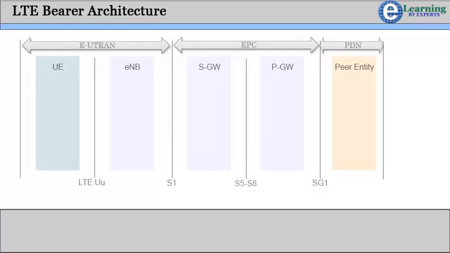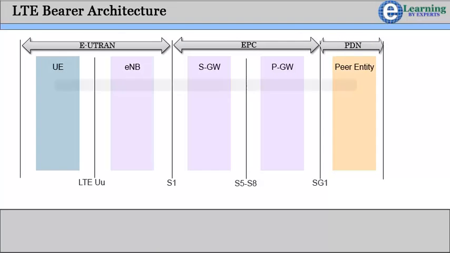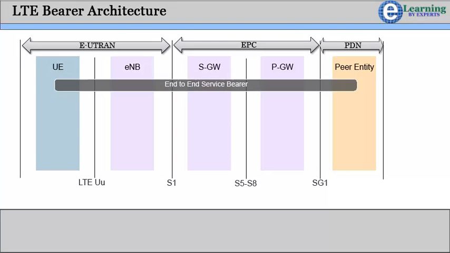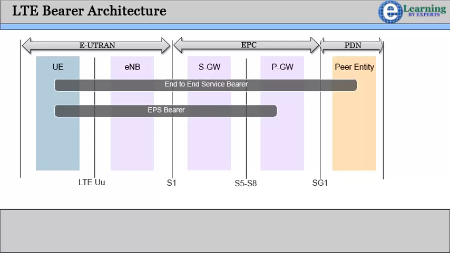In LTE systems, an end-to-end bearer is defined using two components. First is the Evolved Packet System or EPS bearer, which is defined between the UE and the PDN gateway. Second is the external bearer, which is defined between the PDN gateway and the external application server such as a web server.